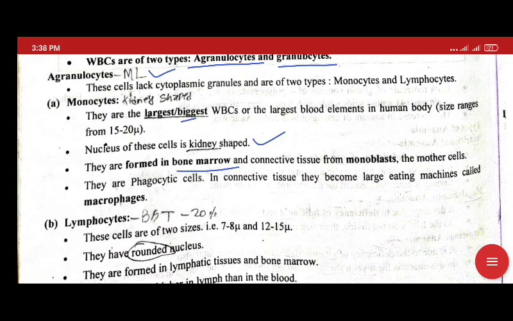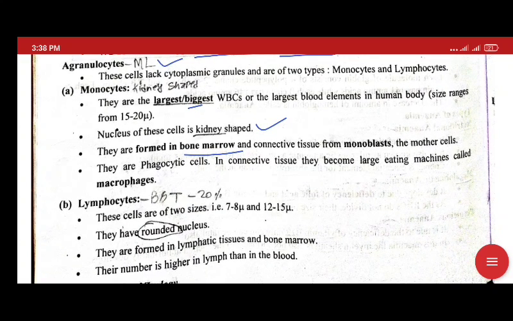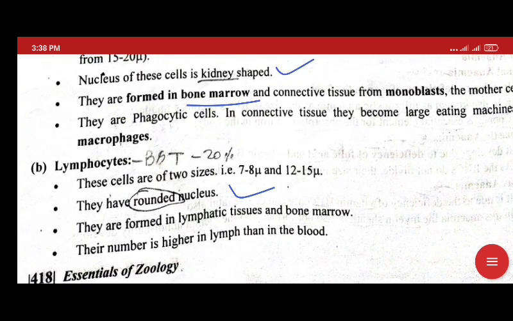And let's get back to lymphocyte. This number is high, and it has a round nucleus, and it is 20%. Its number is higher in lymph.